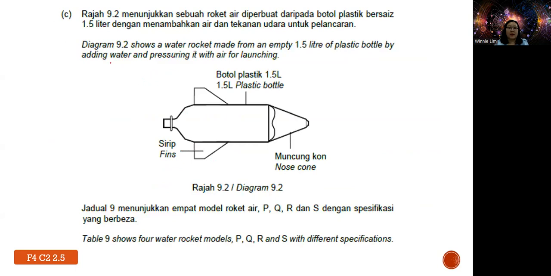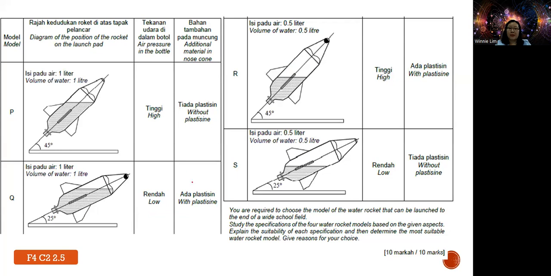Okay, then next. Diagram 9.2 shows a water rocket made from an empty 1.5 liter plastic bottle, by adding water and pressurizing it with air for launching. Then you have 4 different models of rocket, P, Q, R, and S with different specifications. Explain the suitability of each specification and then determine the most suitable water rocket and give a reason for your choice.